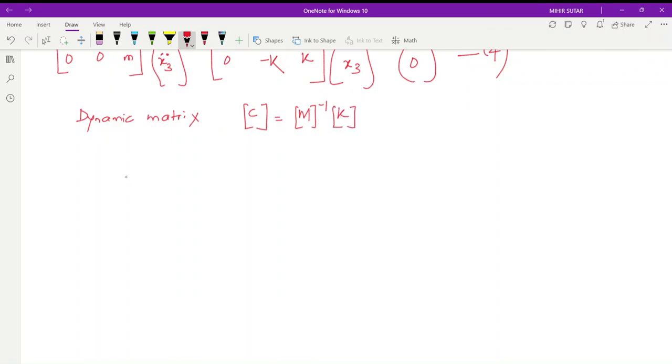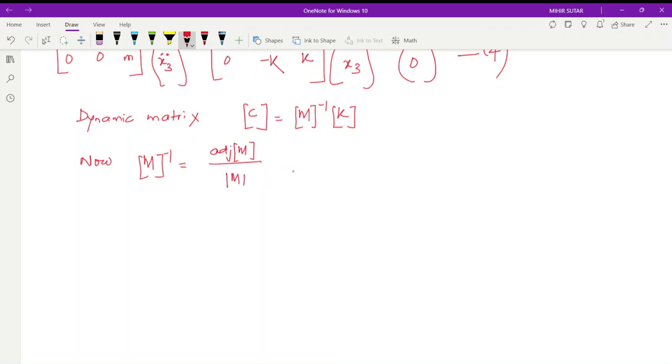Now the inverse of the mass matrix can be obtained from the relation adjoint of M divided by its determinant.